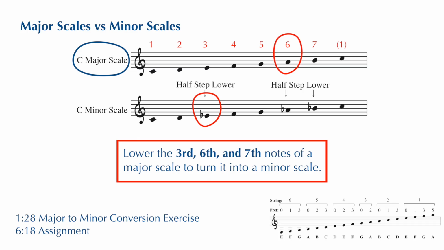The sixth scale degree of the C major is an A. We're going to change that A natural to an A flat. And the seventh scale degree of a C major scale is a B. We're going to lower that to a B flat. And now we've gone from C major to C minor.